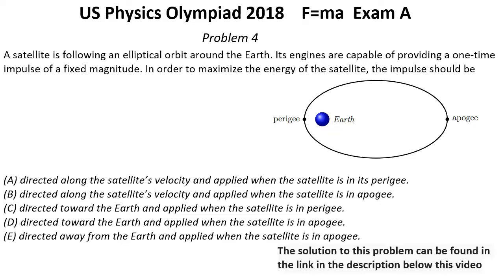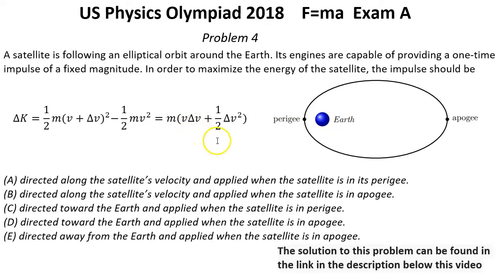Solution for problem number 4. We can write an equation for the change of kinetic energy for a fixed impulse. Fixed magnitude of impulse means that delta V must be fixed. So the change of kinetic energy for this impulse equals this expression, where V is multiplied by delta V, that's a dot product.